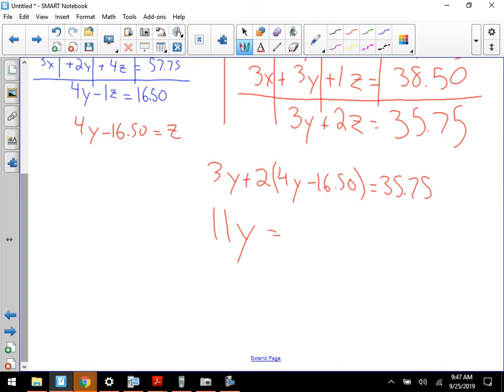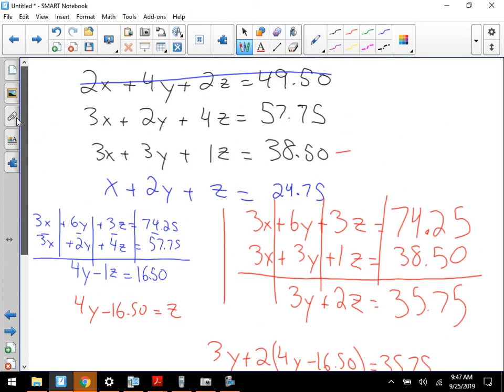So 3575 plus the 33 divided by 11 is 625. For y? Yes. Okay. I mean y is 6 1/4. If y is 6 1/4, I get z is 850. And then I take those values back up, x, y, and z, with these guys.